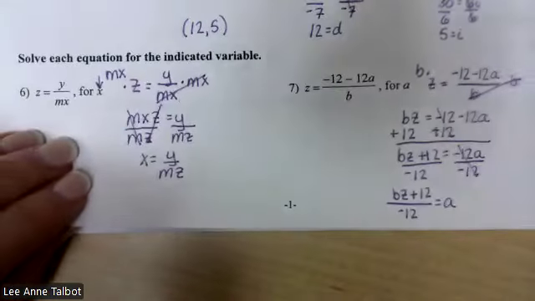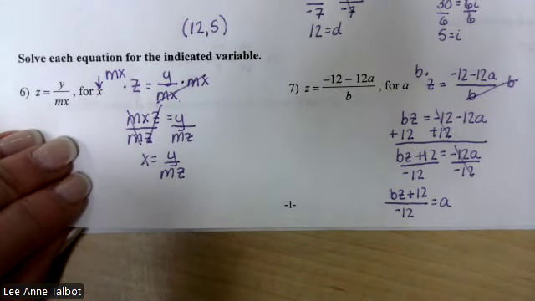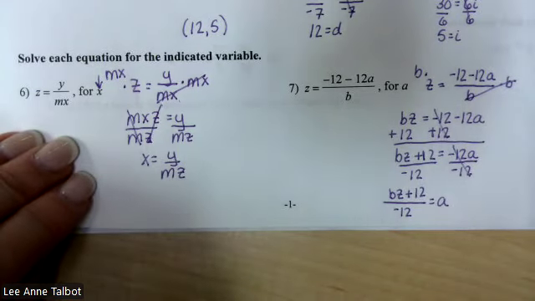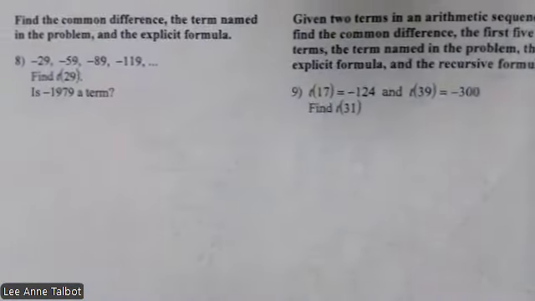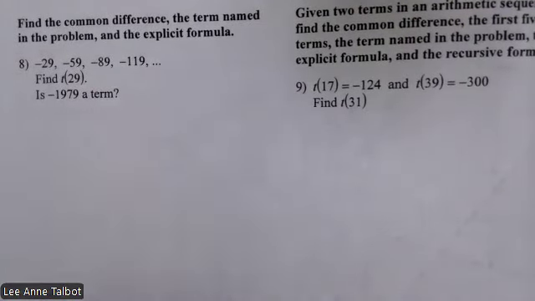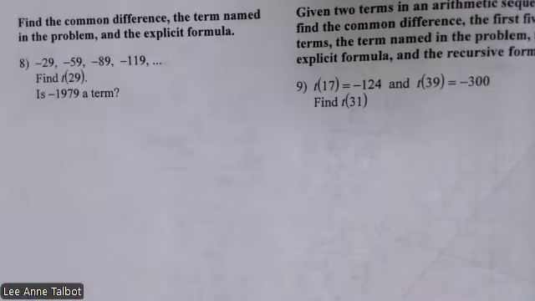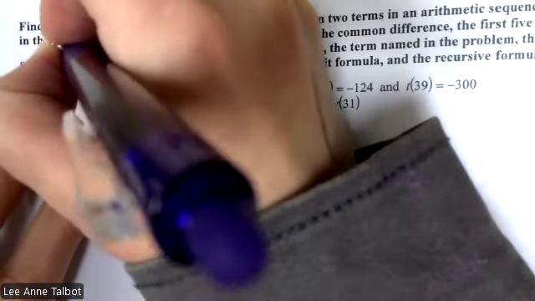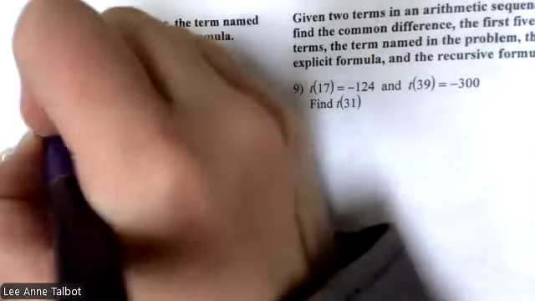Landon, honey, did you have your hand up? Are you ahead of me? Hold on. You are. You're correct. I didn't even flip the paper over yet. Okay. Then the common difference, the term name of the problem, and explicit. Okay. So yes, it is minus 30.